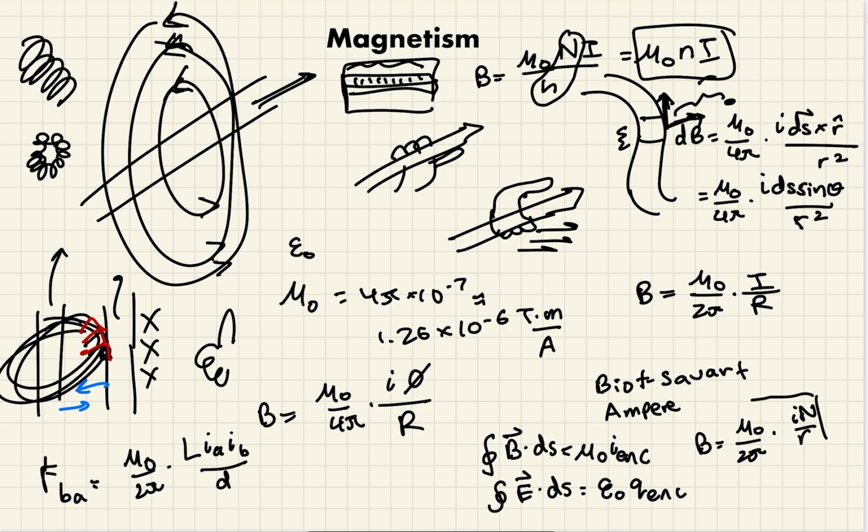So in this case, a few differences. One, IN, same thing, IN here, but N is the number of loops, not number of loops per length. And R, it actually depends on how far away you are. With solenoids, it doesn't depend on how far away you are. Anywhere within the solenoid, you're going to feel the same magnetic field.